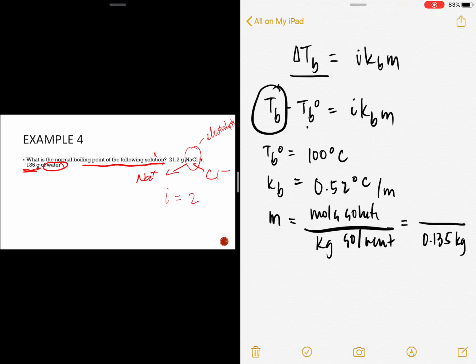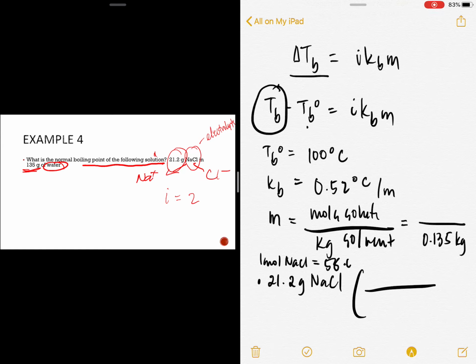How about our moles of solute? You have 21.2 grams. So 21.2 grams of sodium chloride, convert that to mole. What's the conversion factor? 1 mole of sodium chloride is equal to how many grams of sodium chloride? Get your periodic table, get the atomic weight for sodium and chlorine, then get the total. So this is 23 plus 35.45.